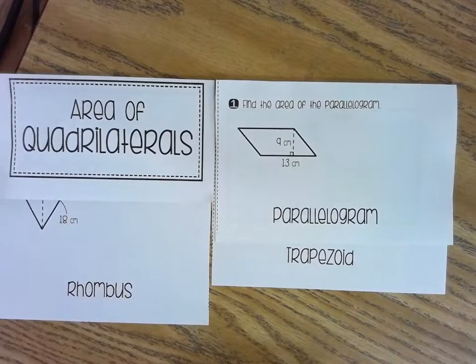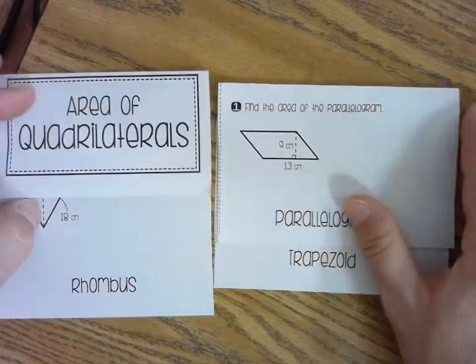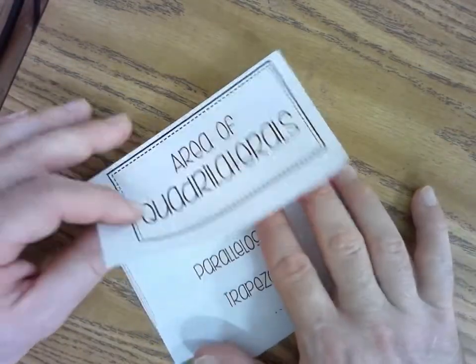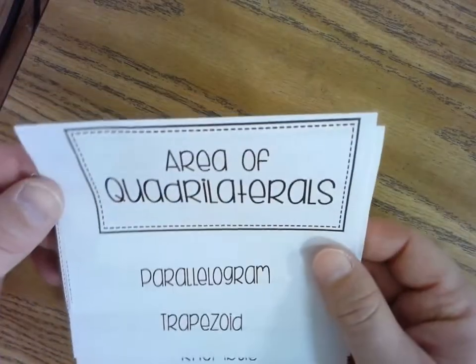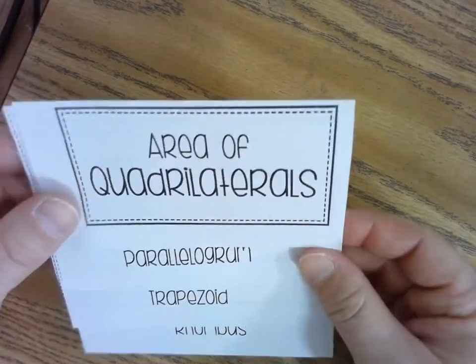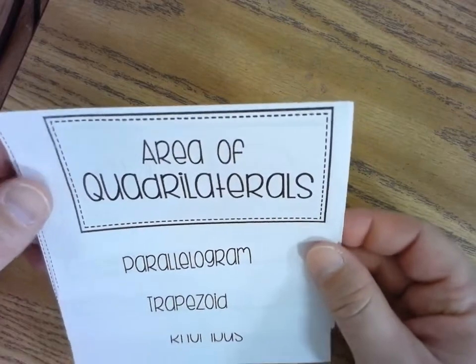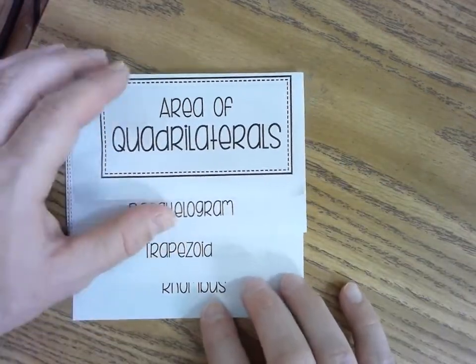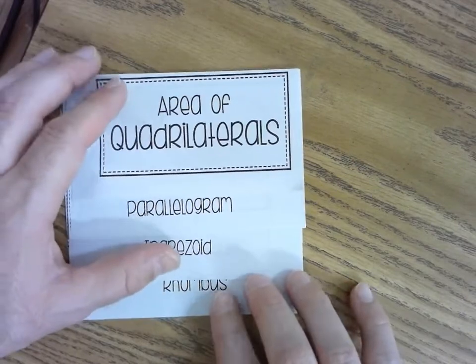Alright? So now what you're going to do is take the part on the right here and put it into this part. So when you put these all together, it should look like this. And mine, for some reason, is covering up the rhombus part a little bit there.